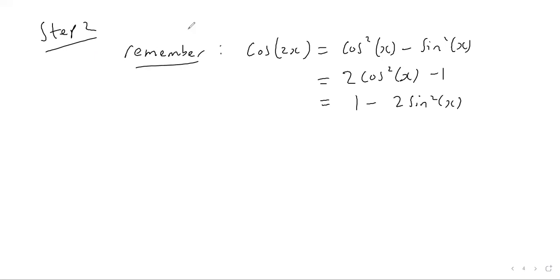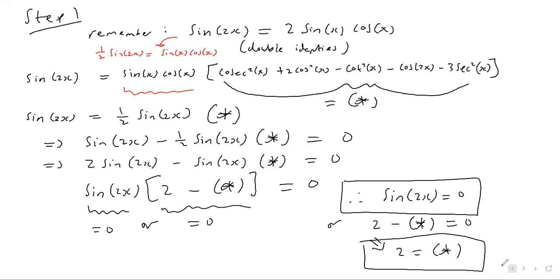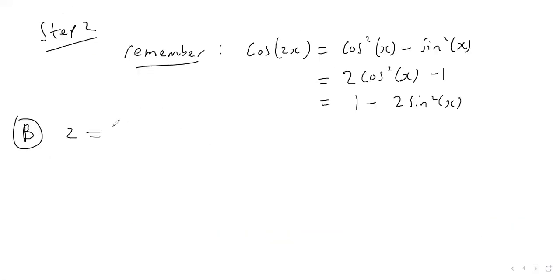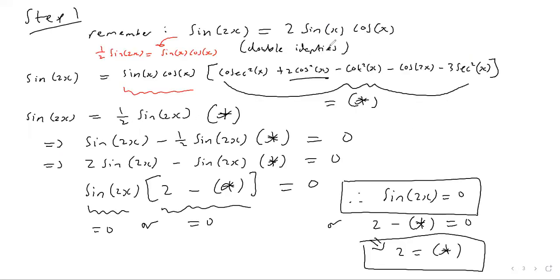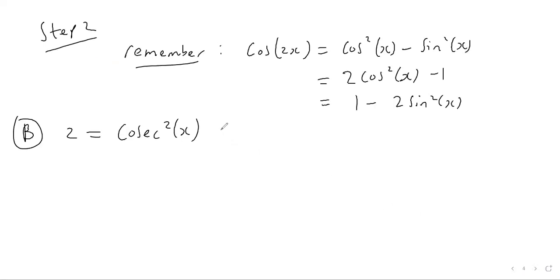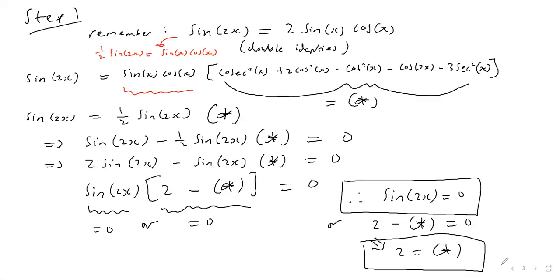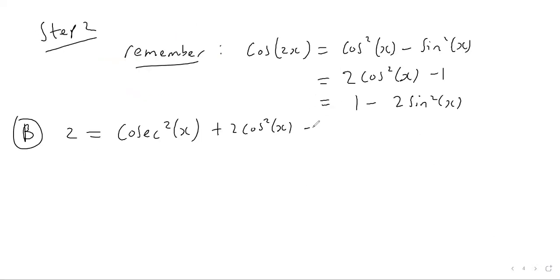So equation B was that 2 is equal to cosec squared x plus 2 cos squared x minus cot squared x minus cos 2x minus 3 sec squared x.